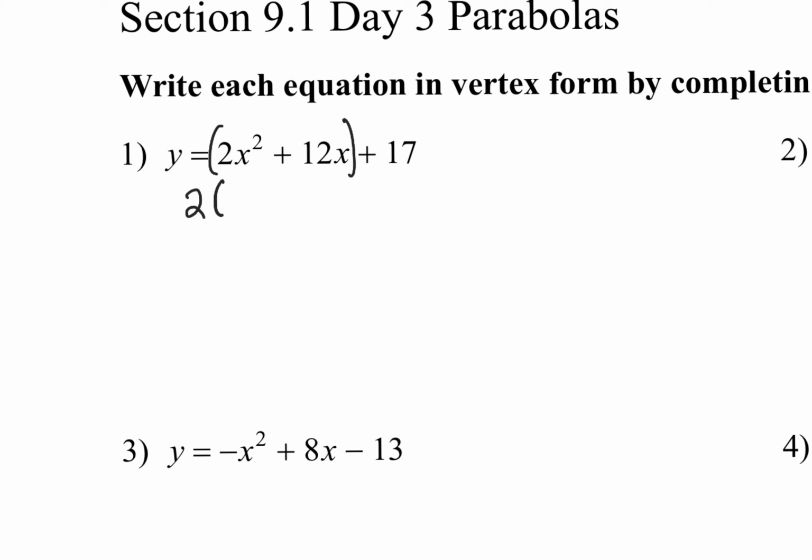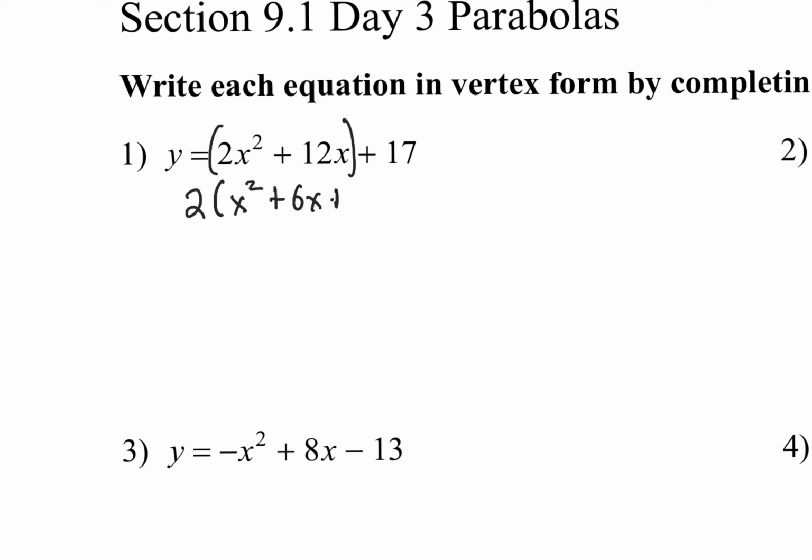So if I factor out a 2 from 2x squared, I'm left with x squared plus, what? 6x. Now you'll notice that my value out in front of the x squared is 1, right? So that's a good thing.